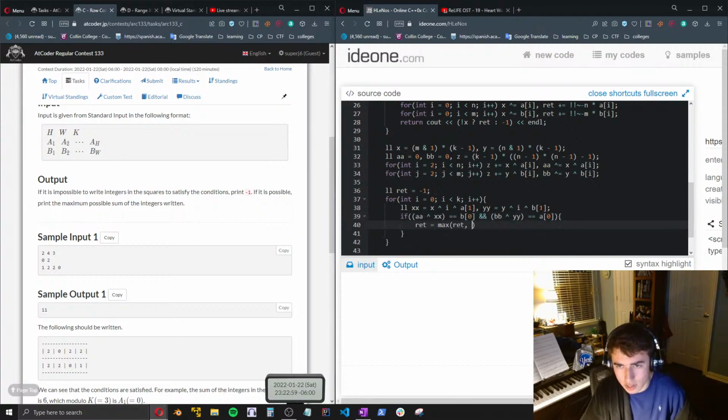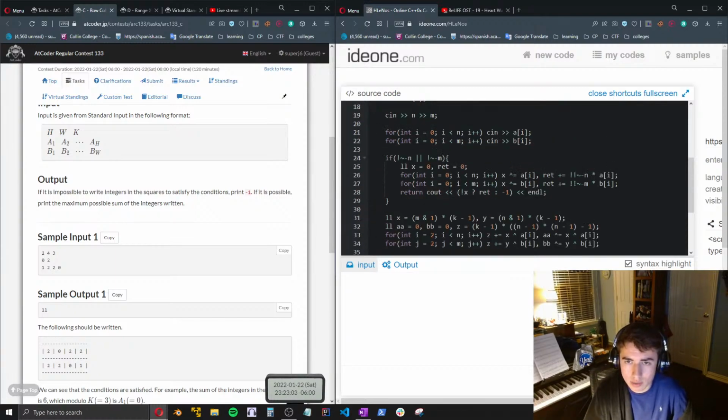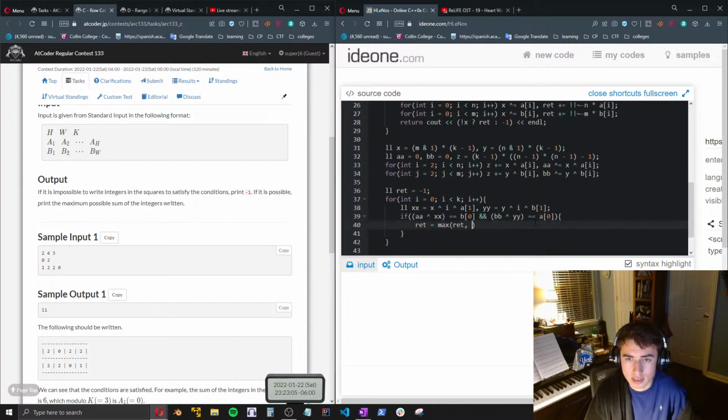I'm pretty sure there's only one solution, but whatever, I'll just do this anyway. Ret is equal to max of ret, I plus XX plus YY plus AA.